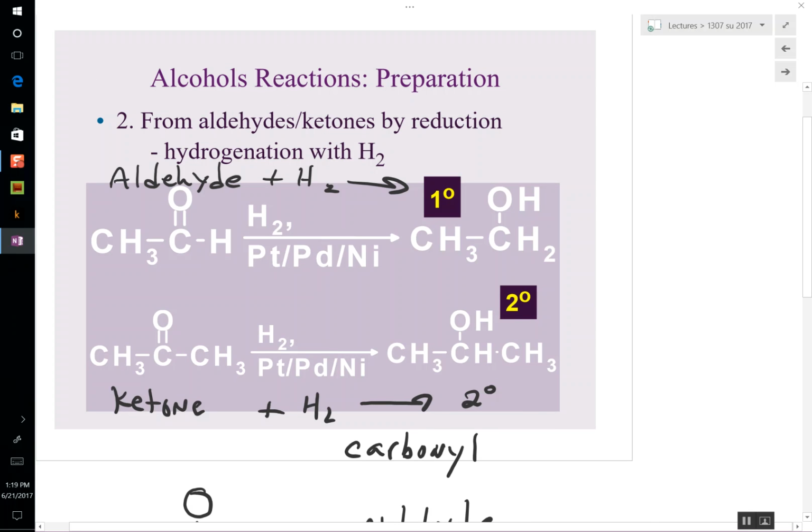Just be aware right now of what an aldehyde is: a carbon-oxygen double bond that is on the end. There's always going to be a hydrogen there. For a ketone, there's no hydrogen. It has a carbon-oxygen double bond and then two carbons, in one way, shape, or form. There's no other hydrogen.